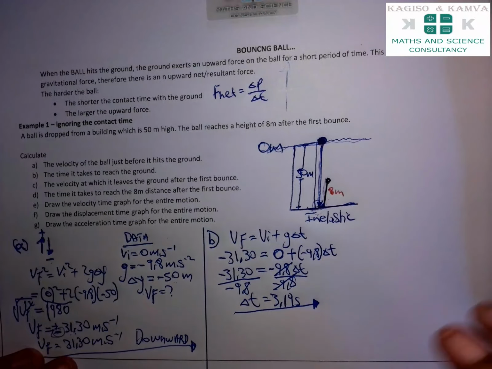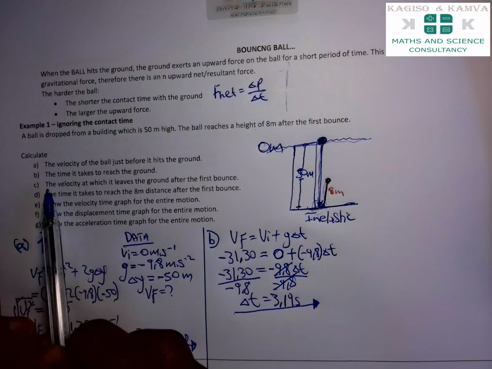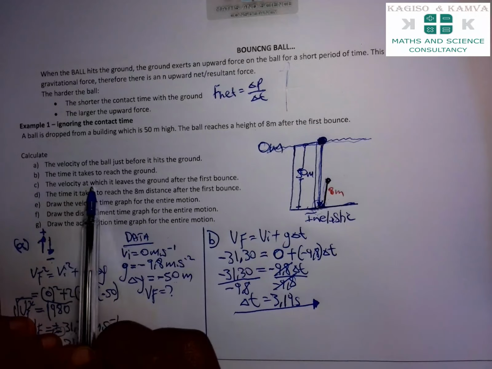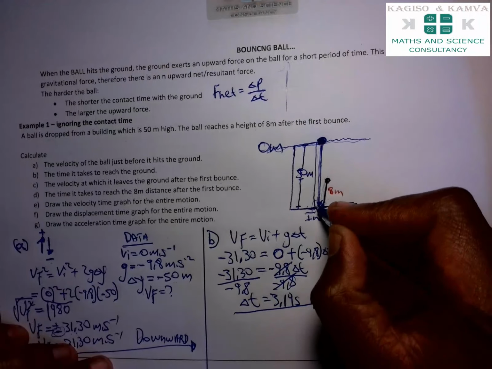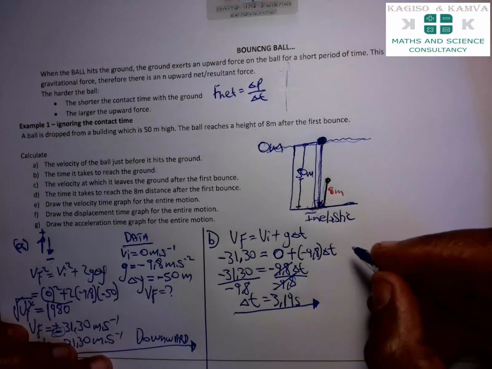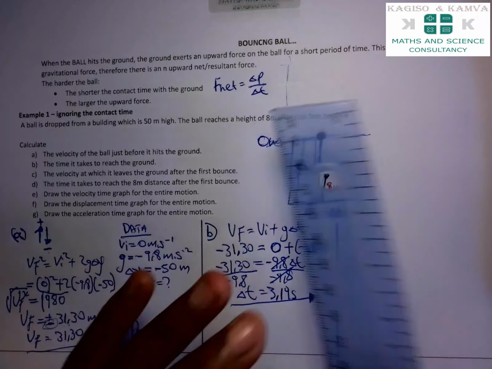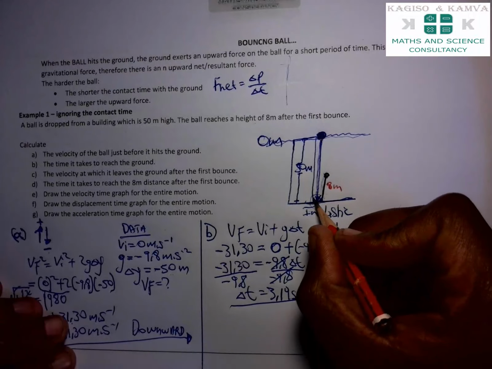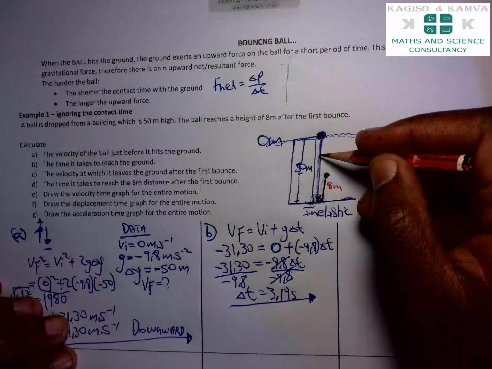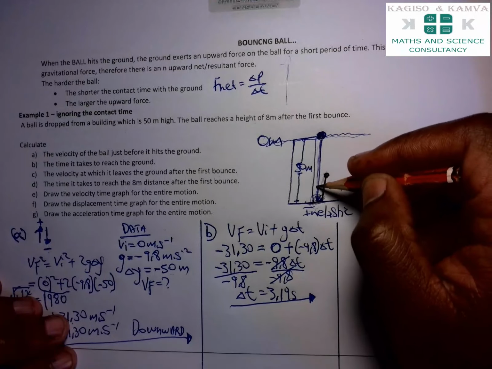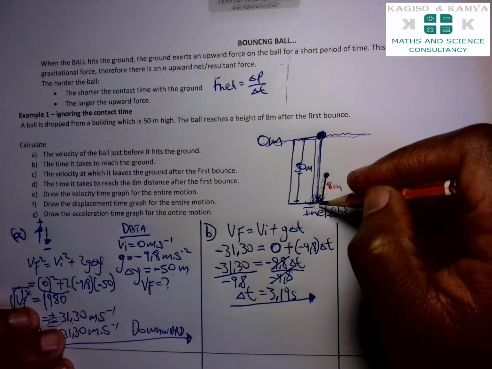Okay, good. Now for C, we are asked to calculate the velocity at which it leaves the ground after the first bounce. When the ball bounces for the first time, we can take it as two separate projectile motions.